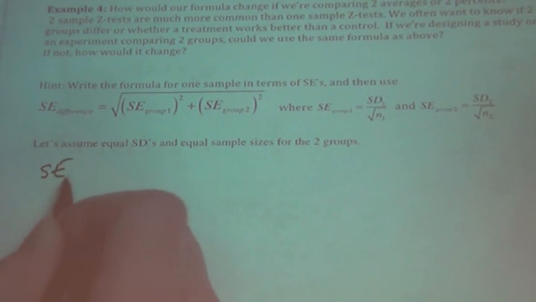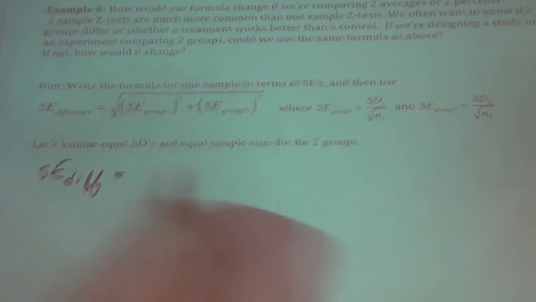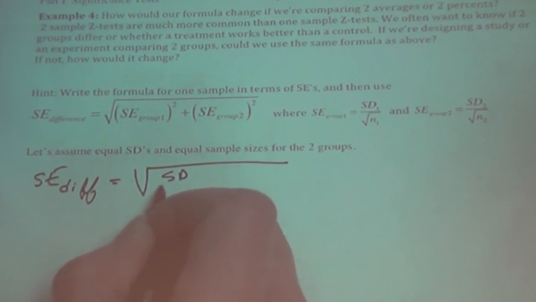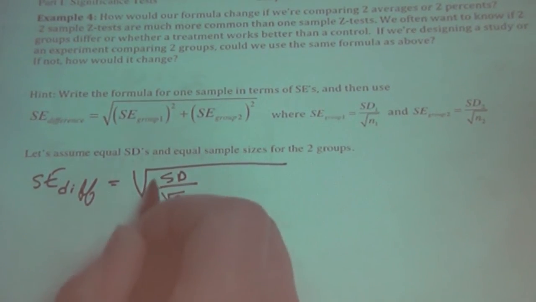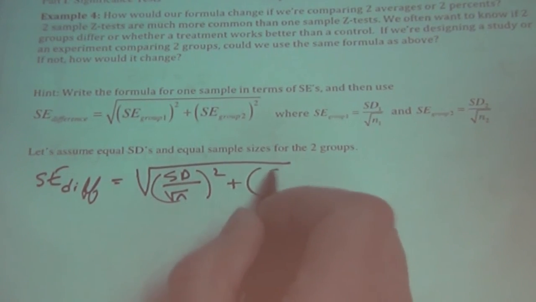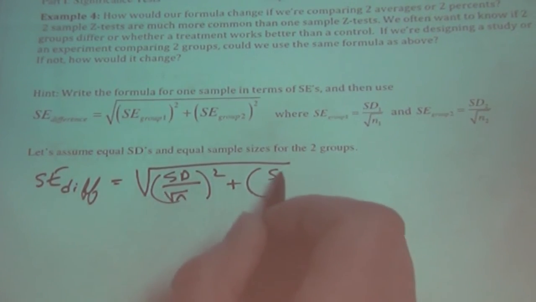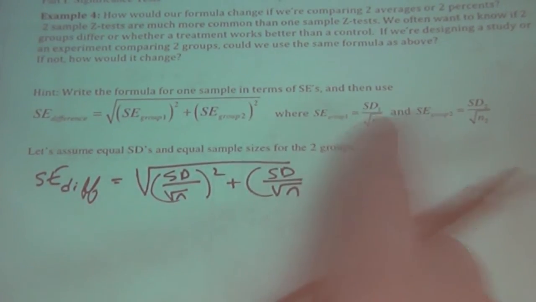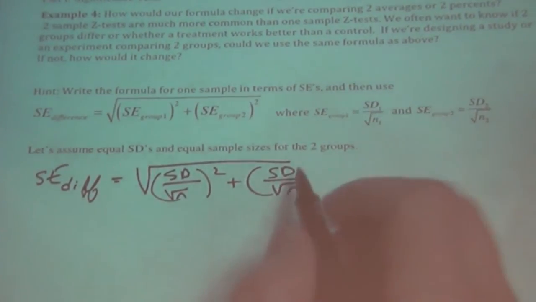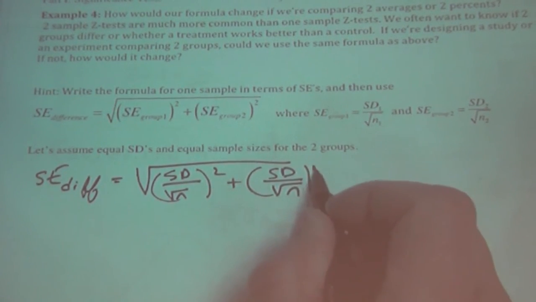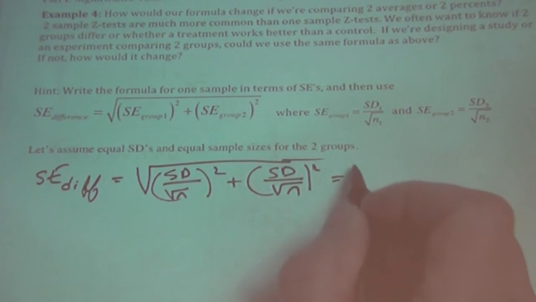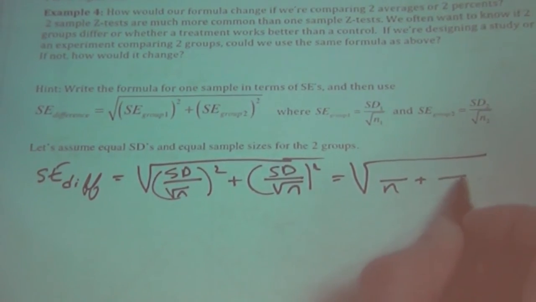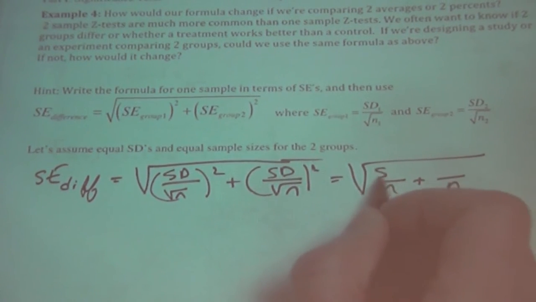The standard error for the difference is going to be the square root of SD1 squared over n1 plus SD2 squared over n2. I'm just going to make SD1 equal to SD2 and n1 equal to n2. So the denominator is just n for both of them, and the numerator is SD squared.